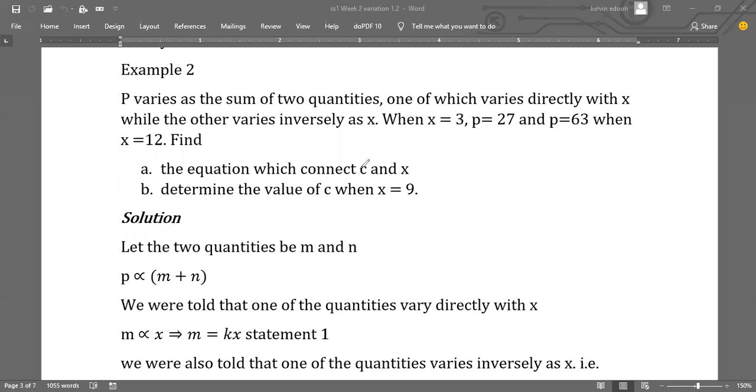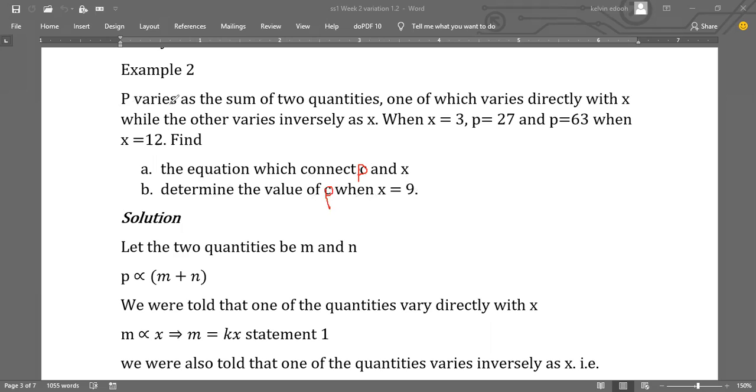So we are asked to find the equation which connects p and x. And we are also asked to determine the value of p when s is 9. So what do we analyze?